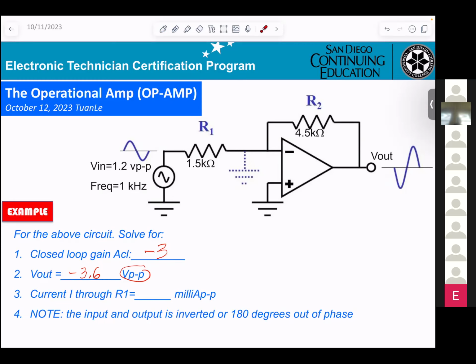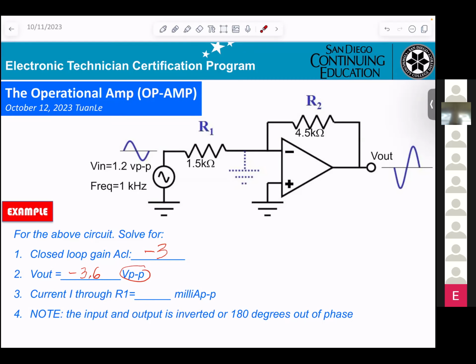Calculate I through R1. Eight milliamp, 0.8 milliamps.